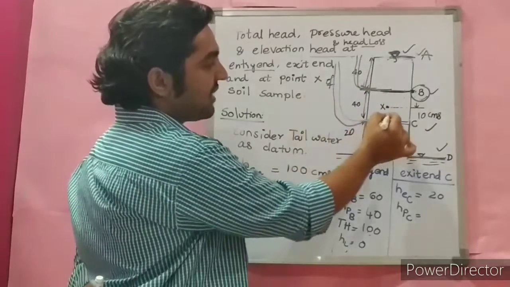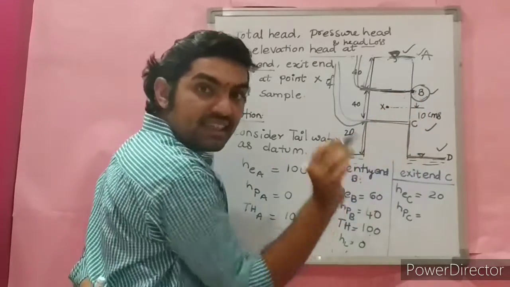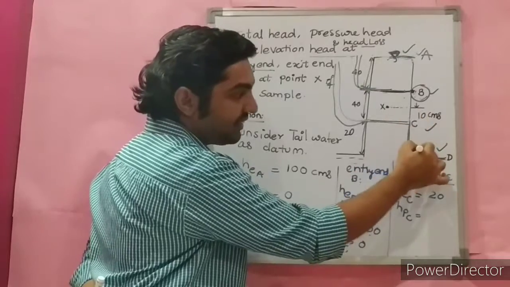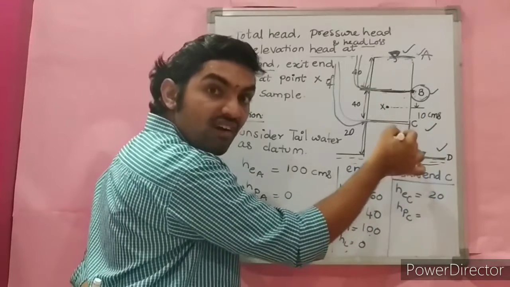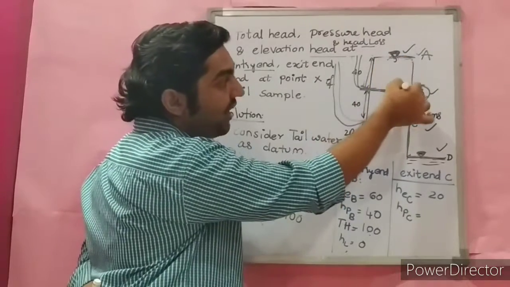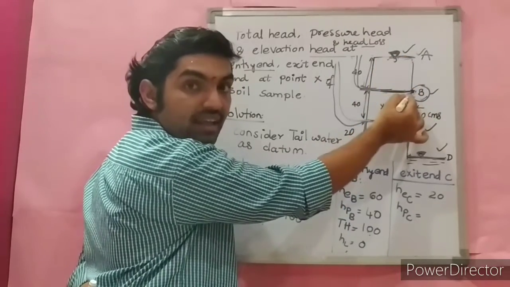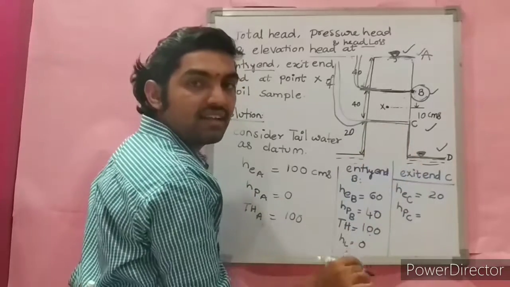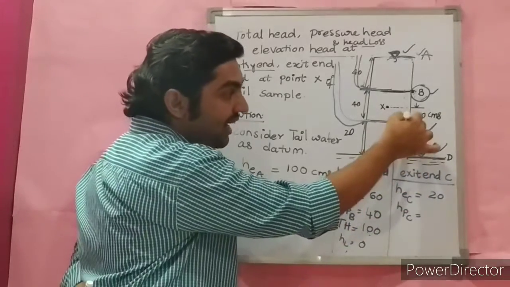If you want pressure head at either entry end or at exit end, always make sure of the end with which the water is in communication. Here tail water is in communication with point A for the entry end B. Here tail water is in communication with point C at exit end. So insert piezometer at this point.